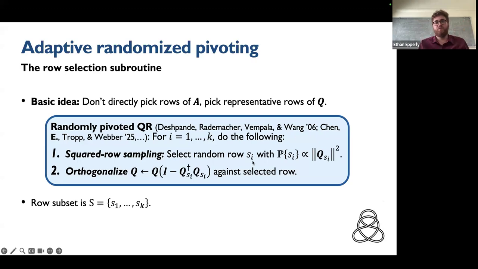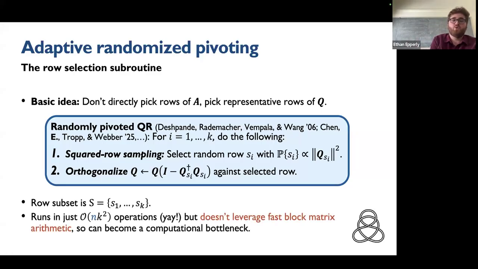Once I've picked a row, I don't want to pick that row again, and I don't want to pick any row that's nearly equal to that row. So to remove the influence of the selected row, I orthogonalize the entire Q matrix against the selected row. At the end, I output the set S of rows, which are the random rows I selected during this algorithm.